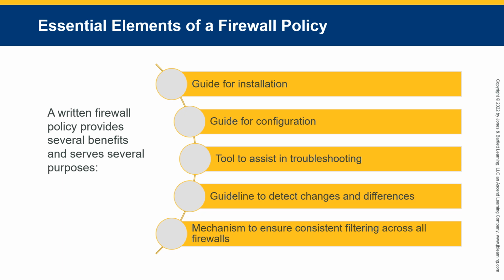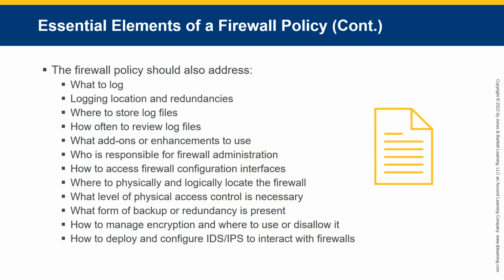And then you need to make sure that you have consistent filtering across all firewalls. So you need to validate and verify that the rules and policies are going to be the same across firewalls, so you can have traffic traversing all those and not hit two or three firewalls and get dropped by the fourth. That would be bad.